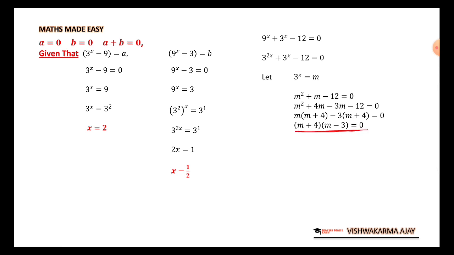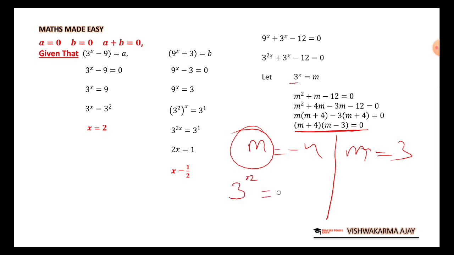From here we have two more cases. The value of m is equal to minus 4, or the value of m is equal to plus 3. But the value of m is 3^x, so I am just resubstituting the value of m from here.